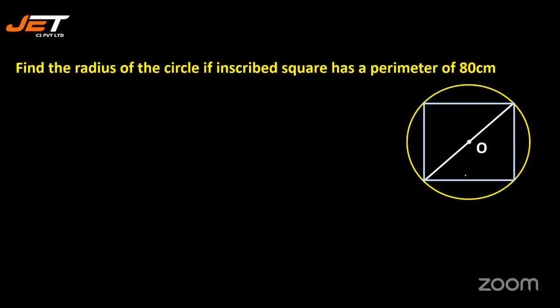Find the radius of the circle if inscribed square has a perimeter of 80 centimeter. So what is perimeter of the square? We already know that perimeter of the square is 4 times the side.